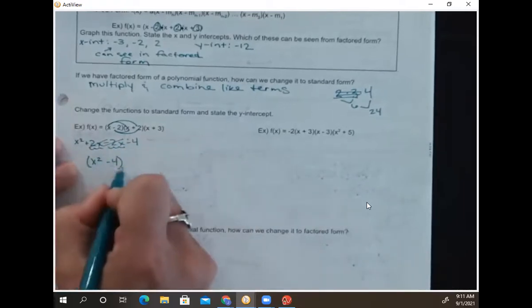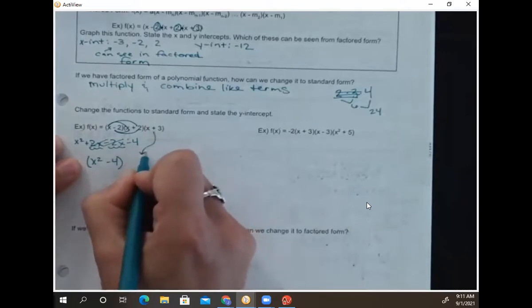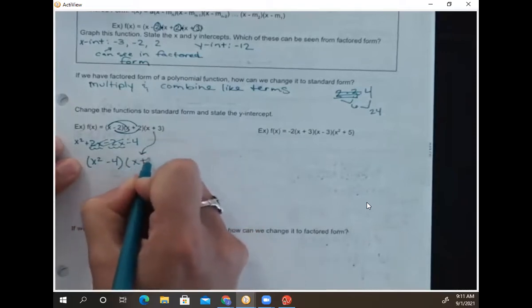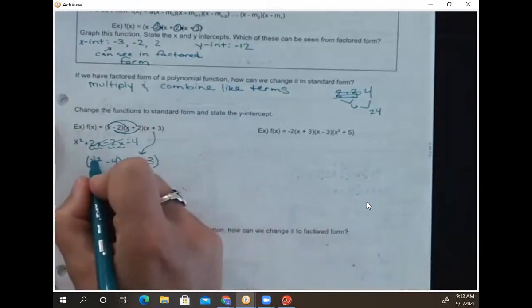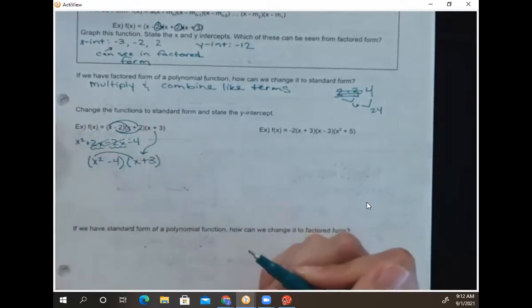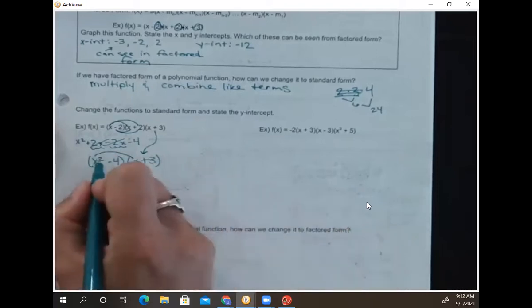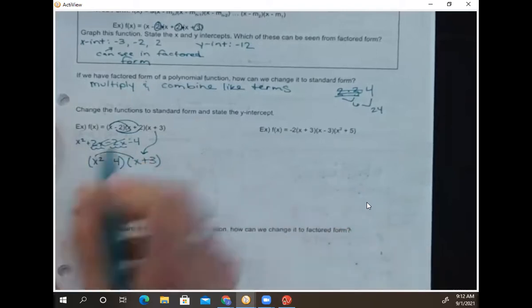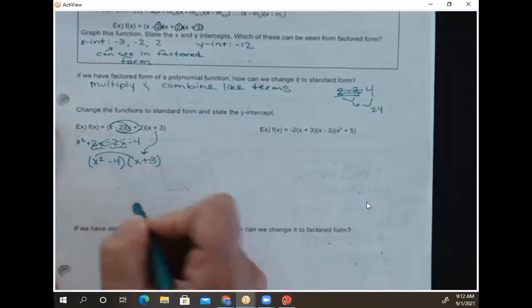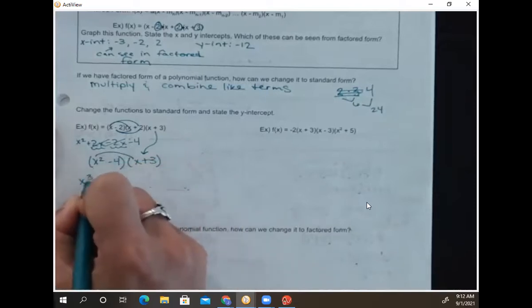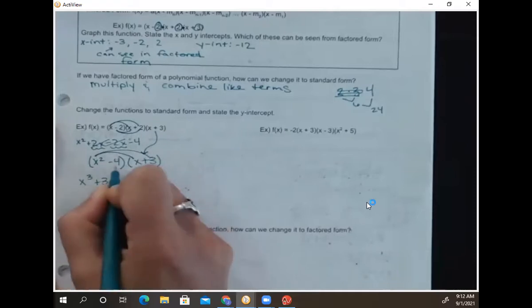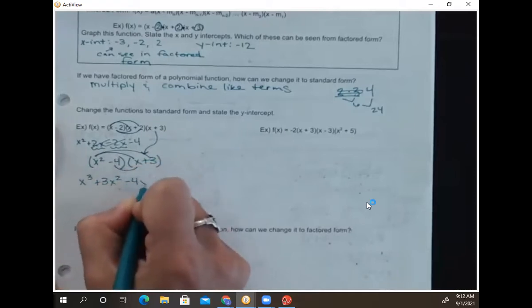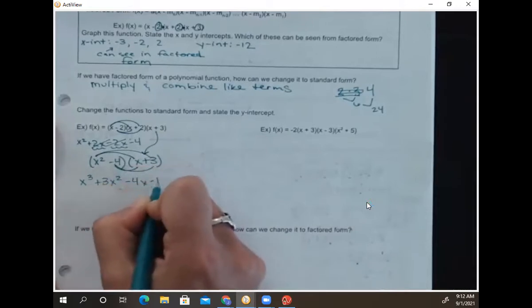And now I'm going to take x squared minus 4 and multiply by that last term, x plus 3. And again, I'm going to distribute. Remember when you're distributing that we want to multiply this guy by everything over here and then multiply the next term by everything over here. So this would be x cubed plus 3x squared minus 4x minus 12.